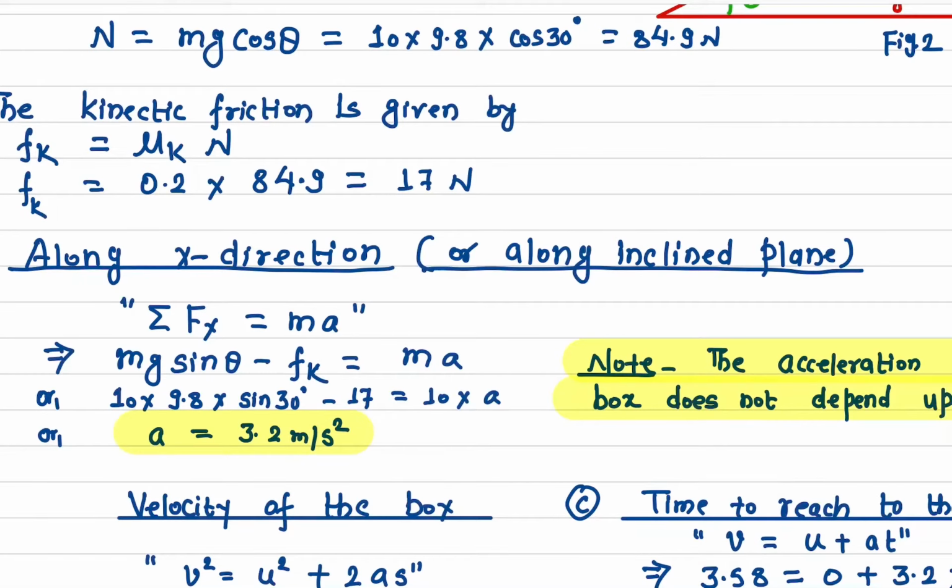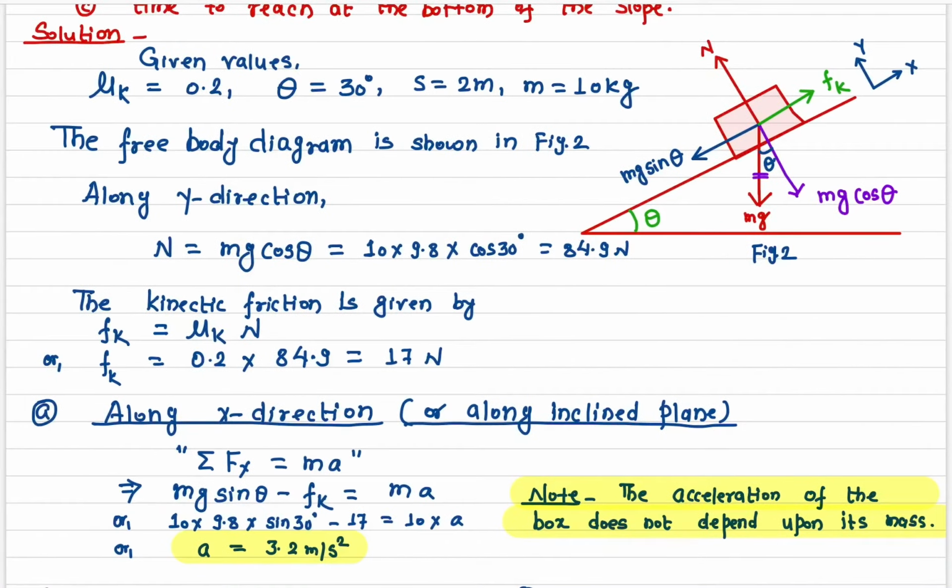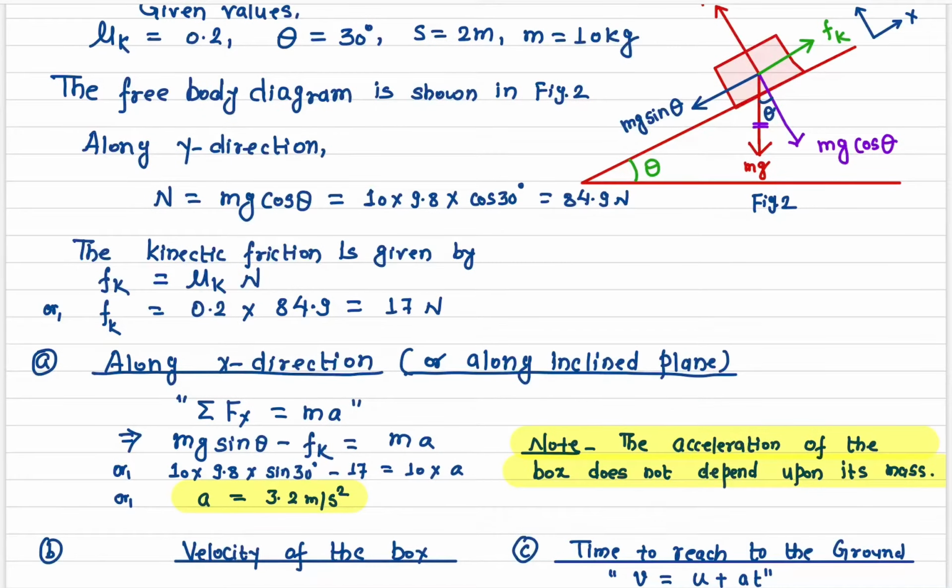Along this direction, we have two forces. One is mg sine theta, which is downwards, and the other is upward, Fk. So mg sine theta minus Fk equals mass times acceleration.